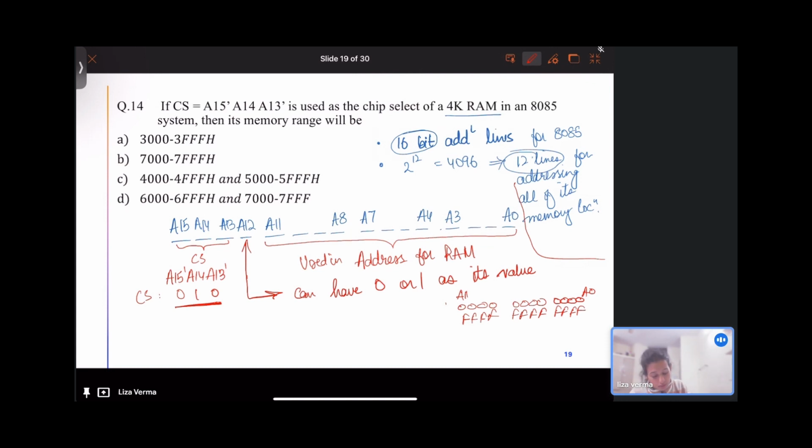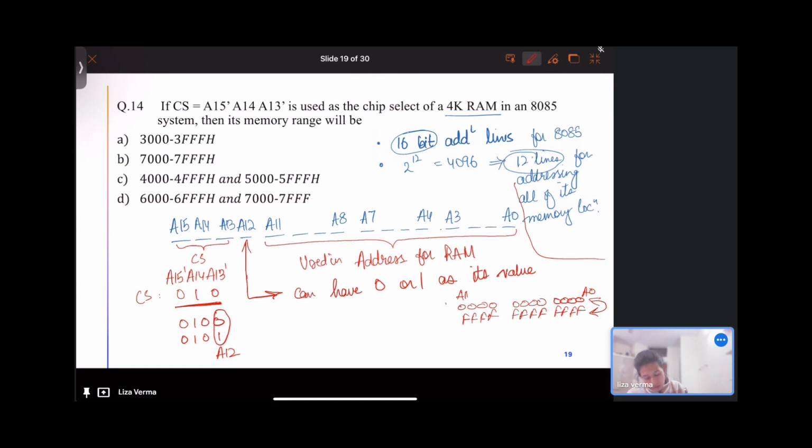So they will go all through this range from 0 all the way to F. And if 13, 14 and 15 are fixed values, they cannot have any other values. So these 4 bits can have a value of 0100 or 0101, depending on the value of A12, right?